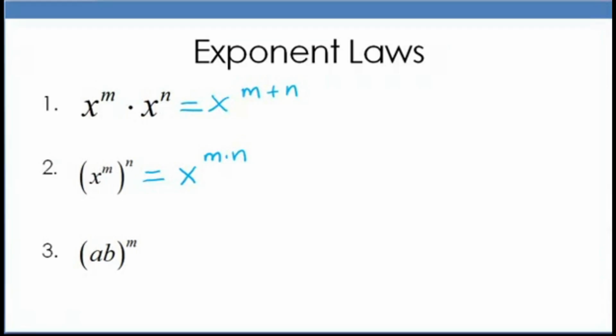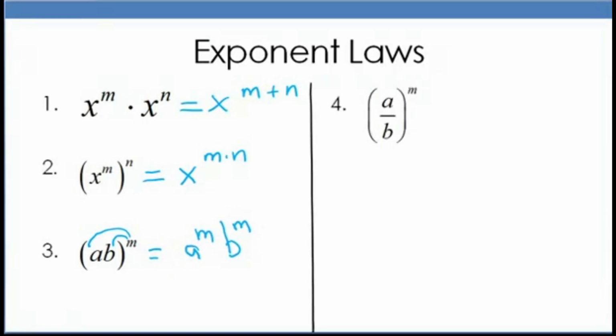Our third rule was if we have a product to a power, we take that outside exponent down to each piece of the product to give us a to the m, b to the m. Our fourth rule was a fraction of different bases to a power, or a quotient to a power. And we will take the outside exponent with the numerator and with the denominator to make two small problems instead of one large problem.